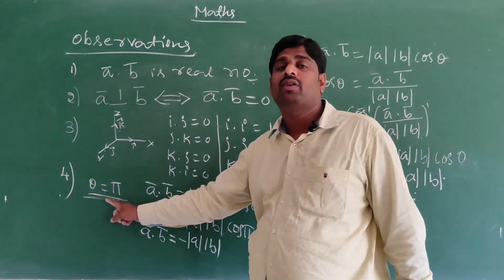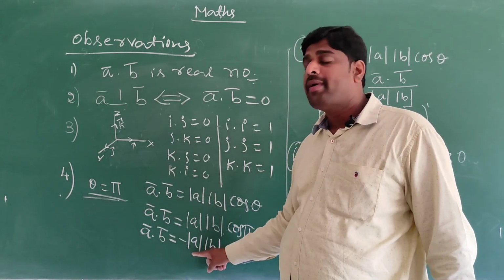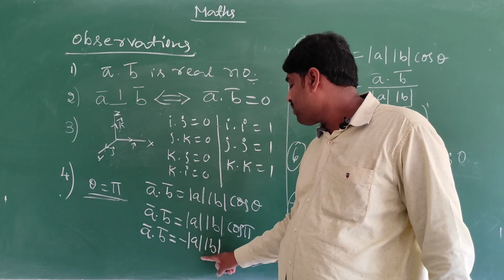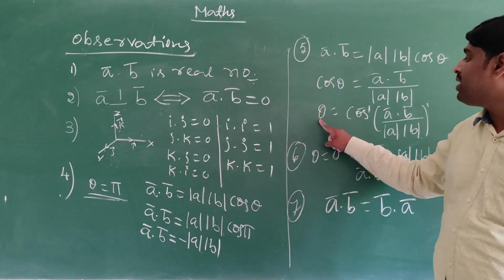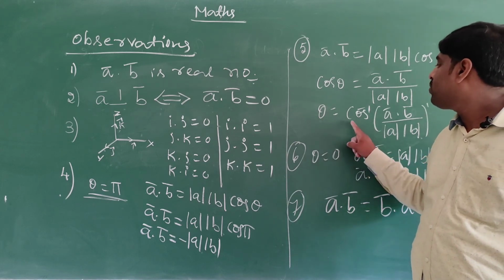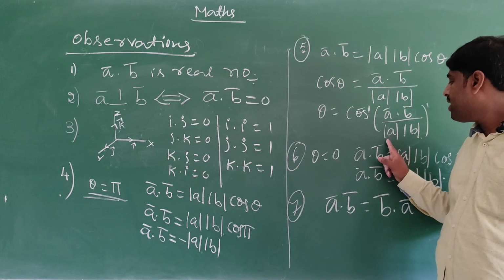If theta is equal to pi, a bar dot b bar equals minus magnitude of a bar, magnitude of b bar.